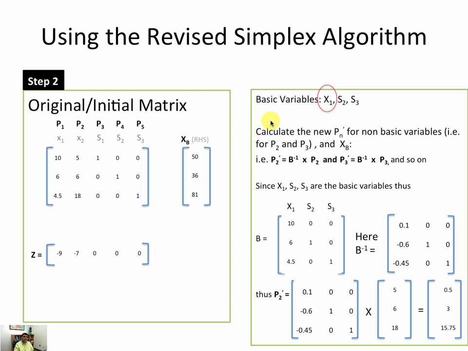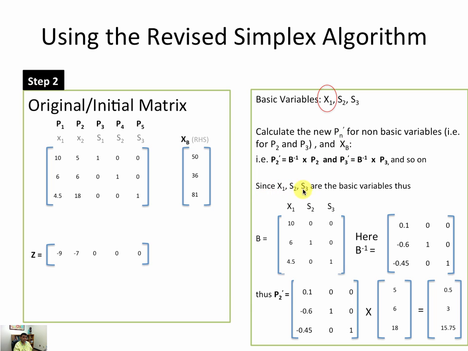So we will calculate the new Pn's for non-basic variables, which in this case will be P2 and P3, because x1, S2 and S3 are basic. Our formulas are P2 prime equals B inverse multiplied by P2, and P3 prime equals B inverse multiplied by P3, and we will find XB prime.